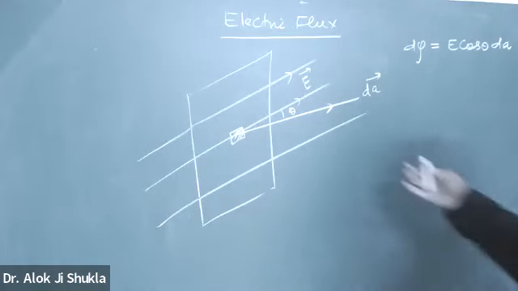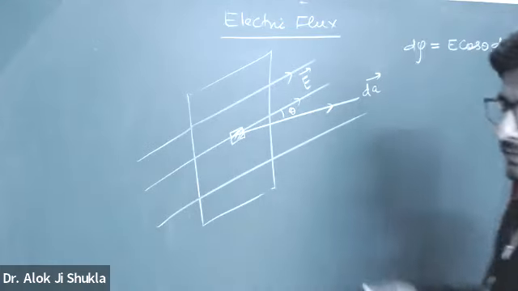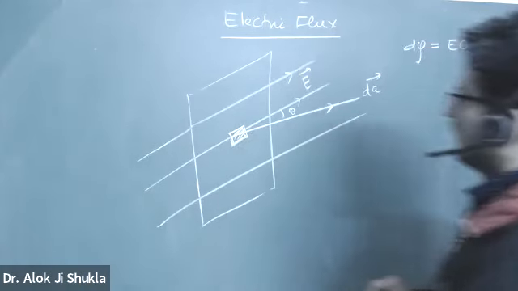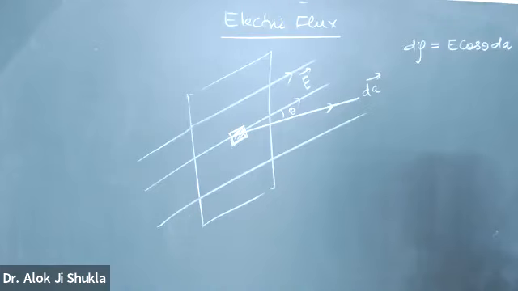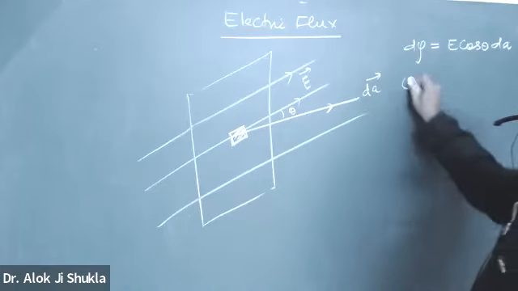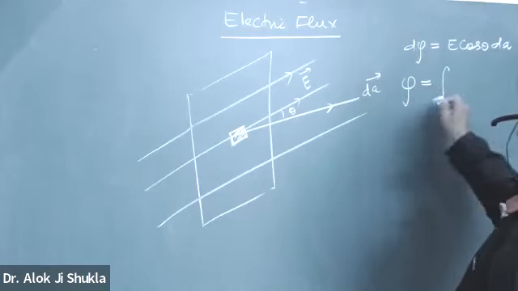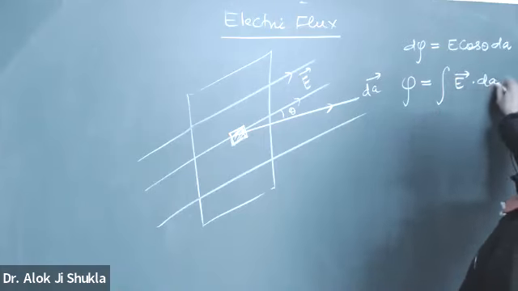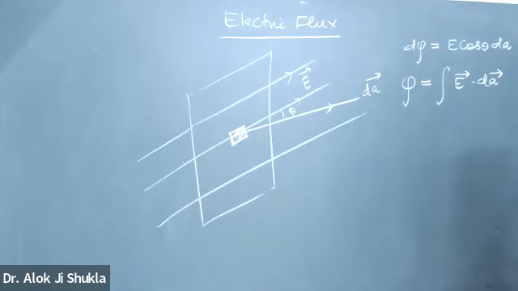So in a way, it is a measure of how many field lines are passing through this surface, this small area. And if you want to calculate the total flux, it will be given by the integral of E dot dA. Correct? This is the definition of the flux.